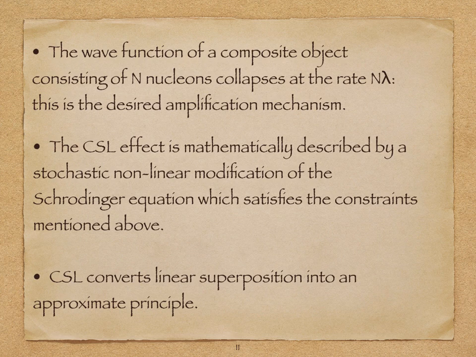The CSL effect is mathematically described by a stochastic non-linear modification of the Schrodinger equation, which satisfies the constraints we just mentioned above. So essentially, CSL converts the quantum linear superposition into an approximate principle. In the Schrodinger equation, superposition principle is exact. It holds forever until the system meets a measuring apparatus.